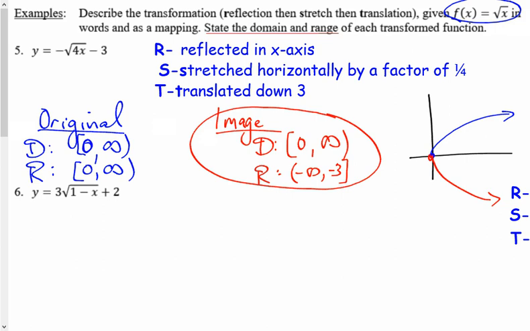I would say any of these on this page, you could do without a calculator. I would expect for basic functions that you would know the domain and range. I'd say that's a fairly basic function, a radical function. I'd expect you to know probably what 1 over x is like, what x squared is like.